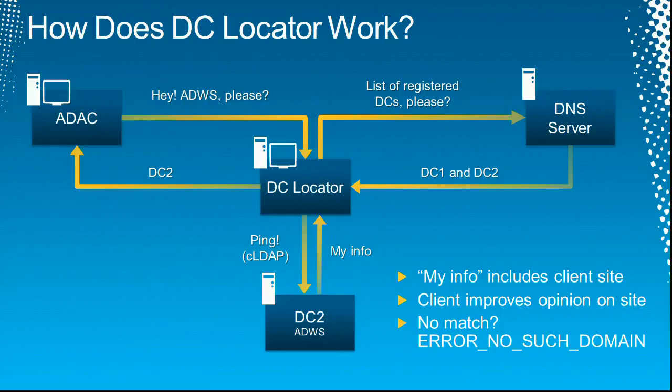If the client receives a site name that differs from the site name the client believes it is, then the whole process will start again, and the client will go to DNS and tell DNS, please give me now domain controllers, but in this specific site. The site that the client believes it is, is basically the site that is cached in it.